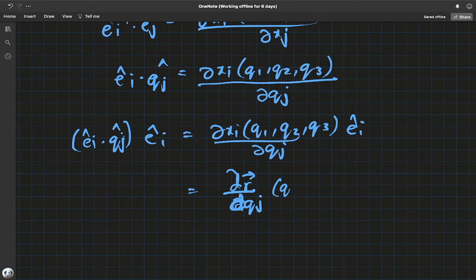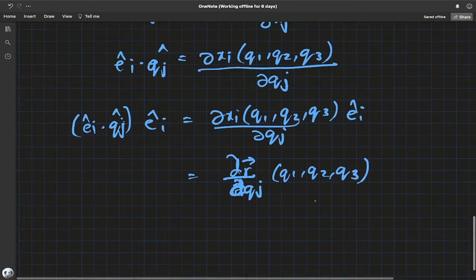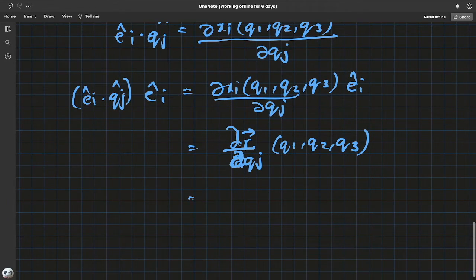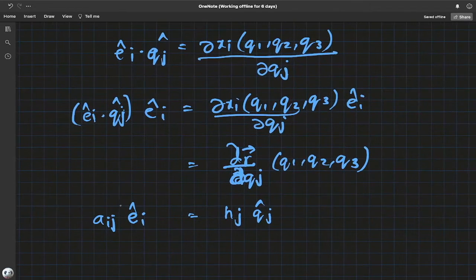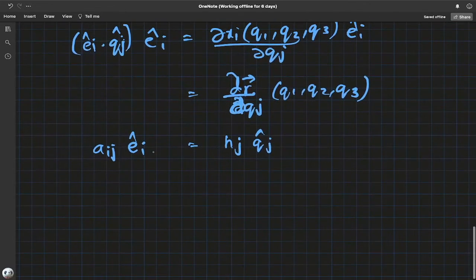There should be a partial here, I'm sorry, q1, q2 and q3. If you remember, this is just the scaling factor times the Cartesian basis vector, and this is just a sub ij e sub i hat, because the Cartesian was the prime, so the prime index comes first, which means we have a clear relationship with the general curvilinear basis vectors.